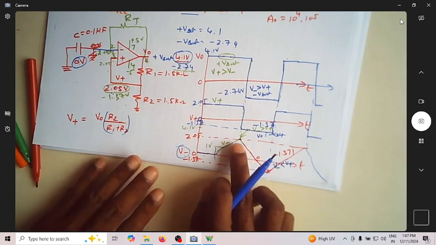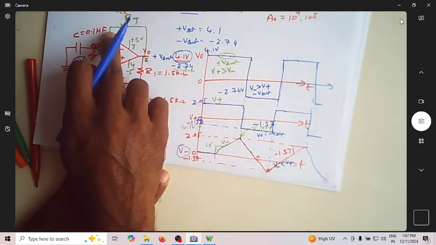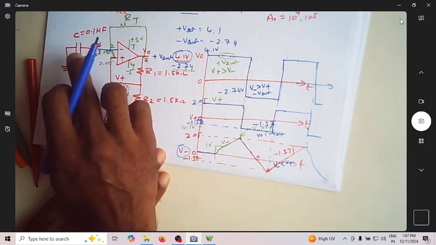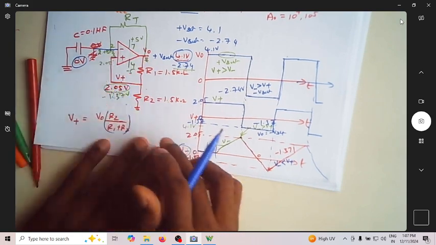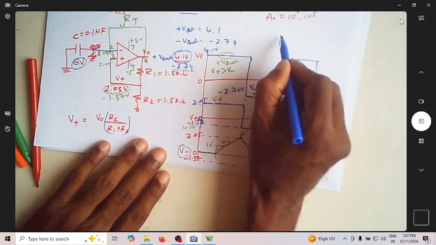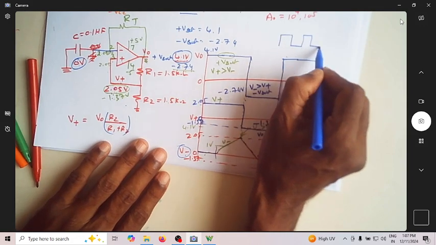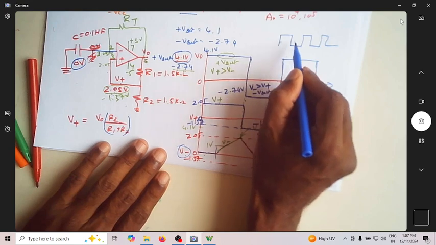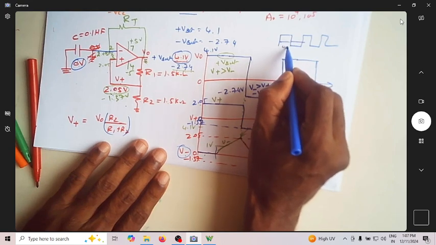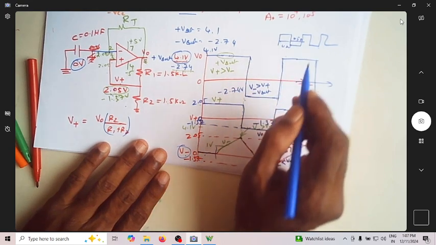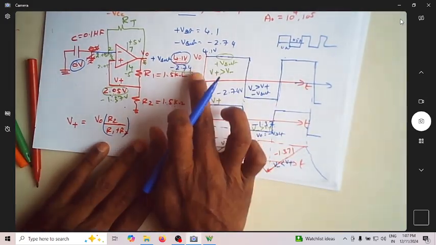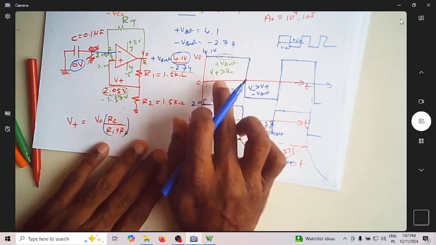So once you introduce this resistor to the circuit along with the capacitor with this connection, this will continuously give a square wave of certain on time and certain off time. So this is the on time, this is the off time. You can see in this case, this is my square wave because this is my V0.